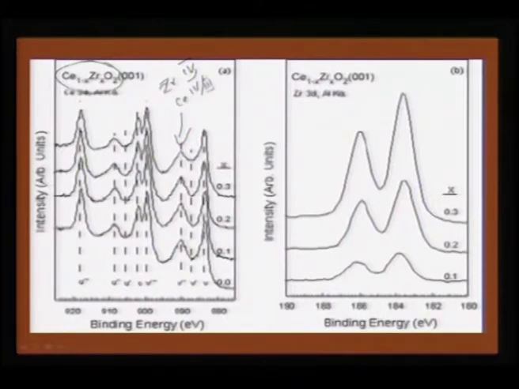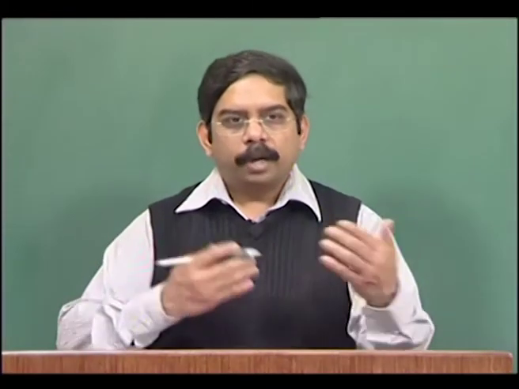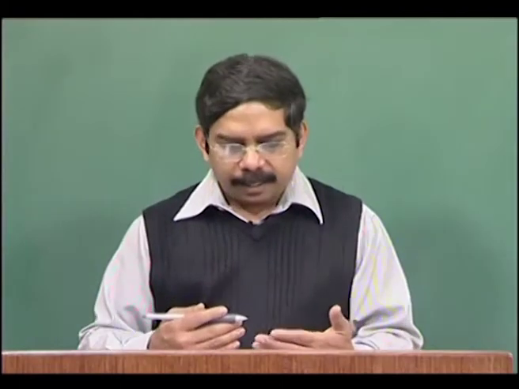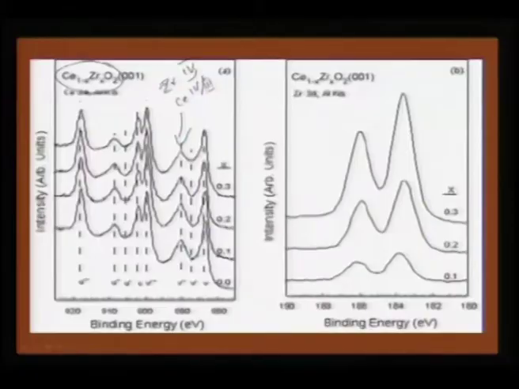So, when you substitute zirconium, there is a fallout of one of the oxidation states of cerium. As a result, you can clearly see a systematic trend, and so is the case for zirconium. You can see the position or the peak intensity varying as we substitute in ceria. So, we can clearly make a very detailed study, especially when we are looking at solid solutions of 2 dissimilar metals.